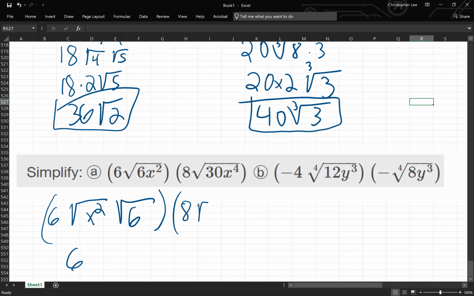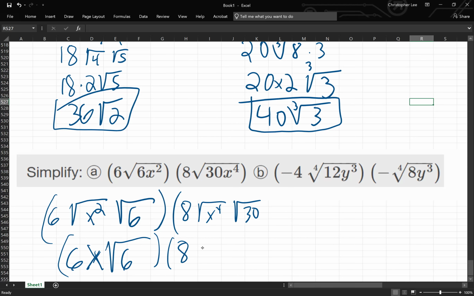So this becomes square root x to the fourth, square root 30. All right, so this is just going to be 6x square root 6 times 8 x to the second square root 30.